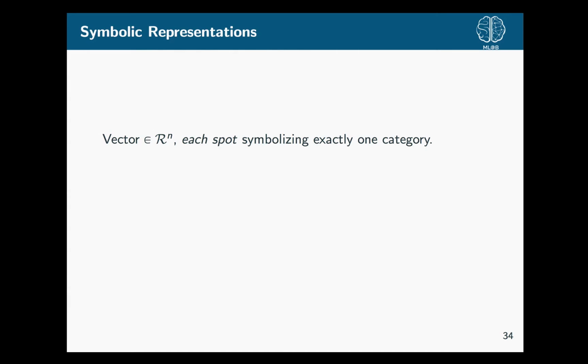You can imagine you have a vector with n spots in it, and each spot symbolizes one category or one class. The simplest one of these would be a bag of words model, such that every spot, when there's a 1, you're encoding that word, right?